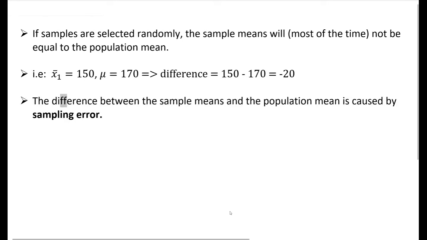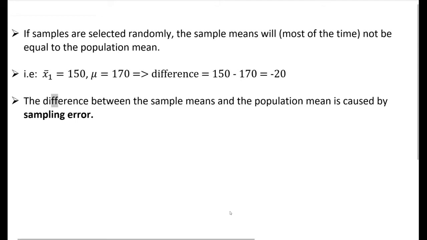Now this difference or error is known as the sampling error. The sampling error is the difference between the sample mean and the population mean, and this is due to random sampling. If you randomly select a particular sample, there's a random chance that it's going to be below or above. That's just the nature of sampling.